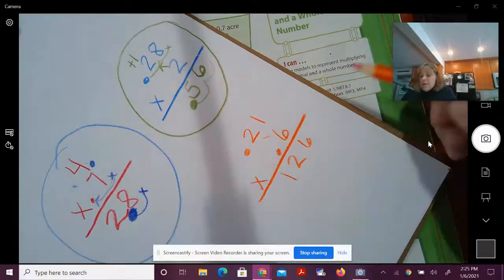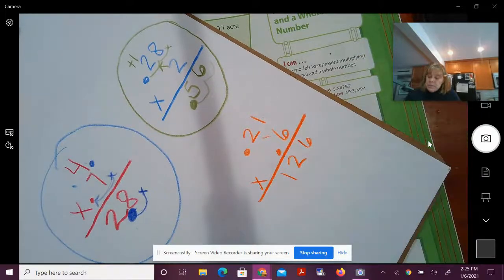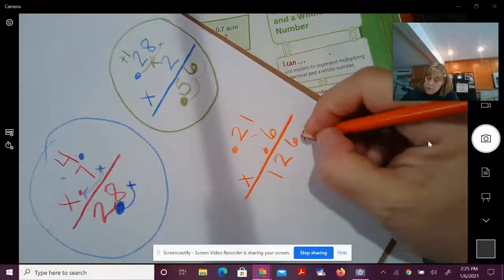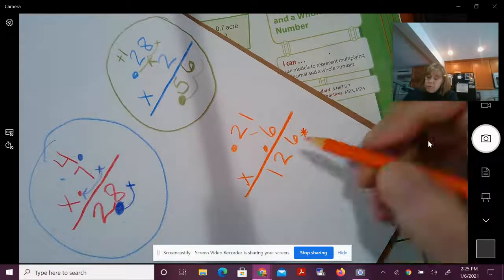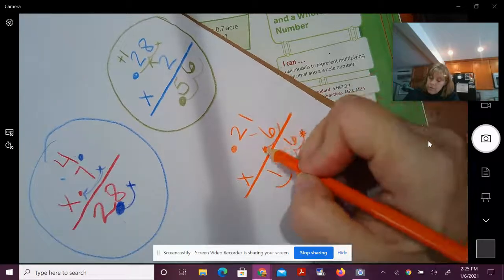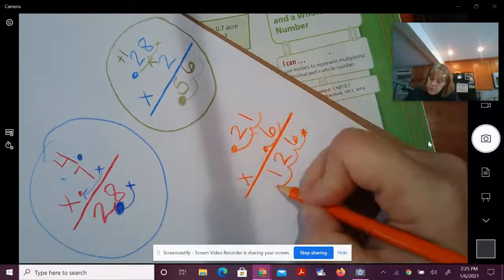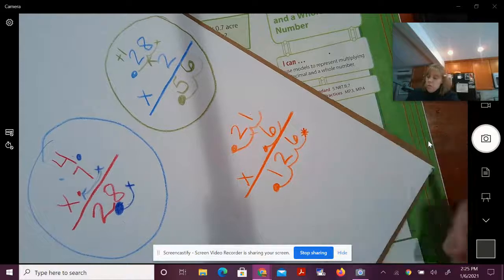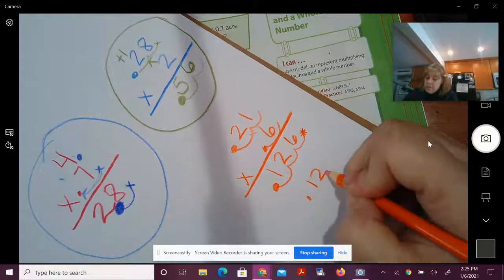Now, I have to move my decimal place in the number 126. So normally it's right here, and we're going to move it over 3 spots. 1 for this and 2 for this. So you're going to have 0.126 as your final answer.